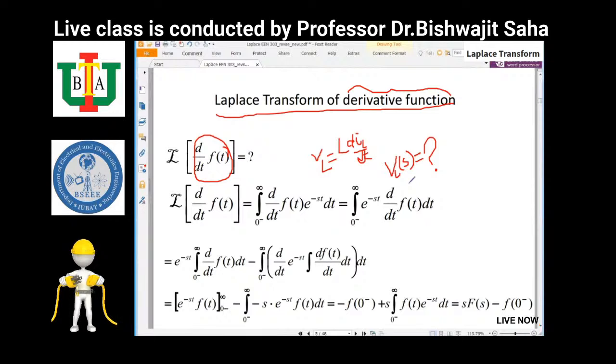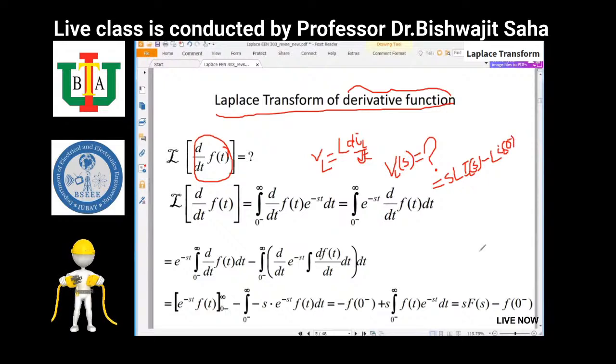This is actually the Laplace transform of BL. You say SL IL of S minus L small IL of 0 minus.